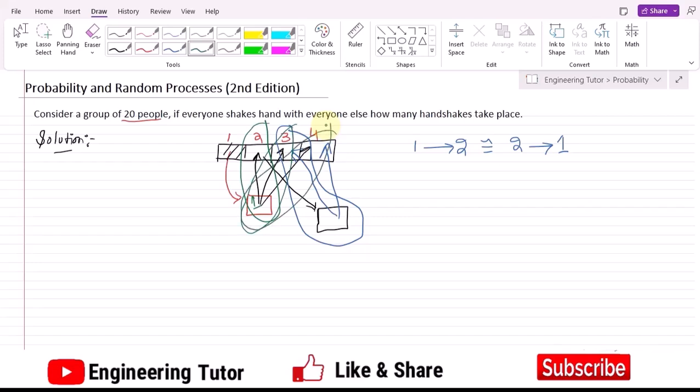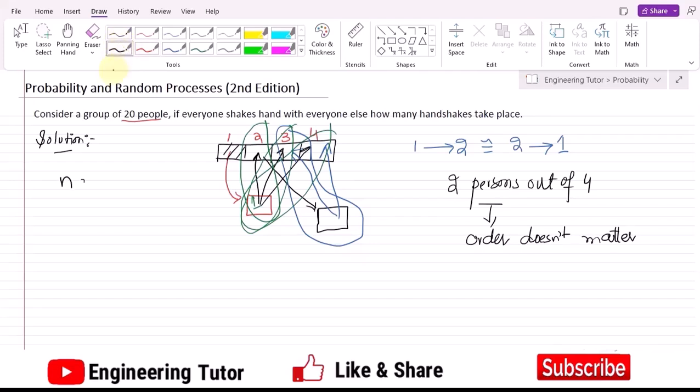So it gives us the perspective of 2 persons out of 4, their different combinations in which order doesn't matter. Which type of question is this? This is clearly a combinatorial problem, where we have nCr.